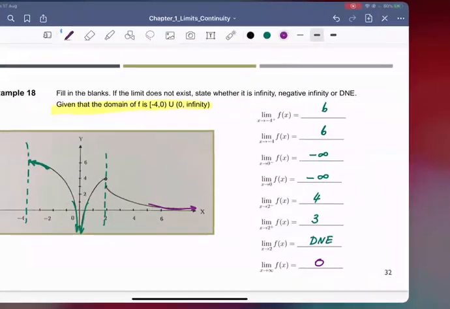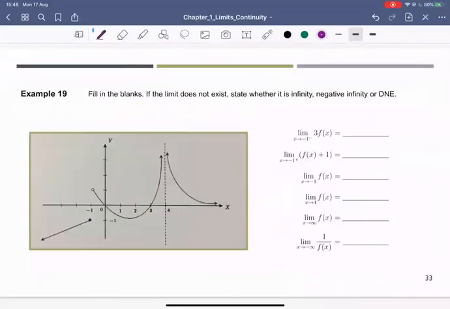All right. So example 19. Let's look at this one. This is a little bit challenging in terms of when they ask something, they don't just do f(x), but they do some transform of f(x). So the first one, limit of x going to -1 on the left.